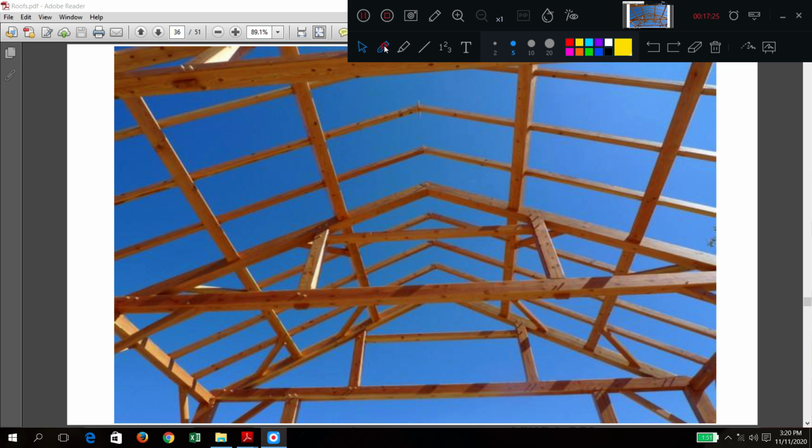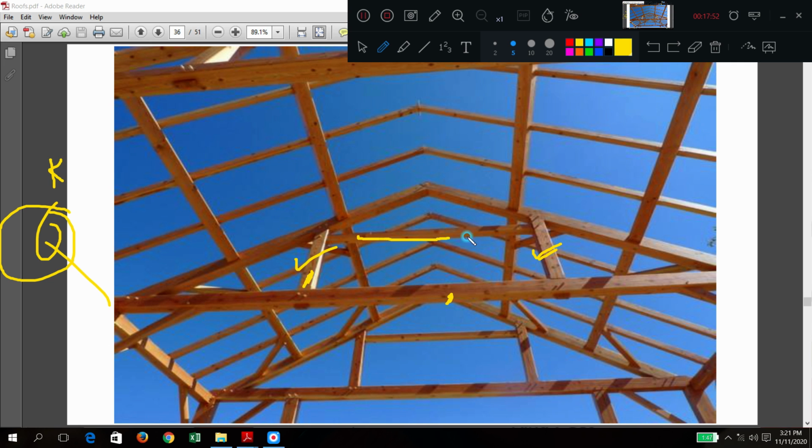Yes, this is a typical real picture at the site. What type of truss is this? King or queen? Which one? How many vertical posts are there at the truss portion? 1 and 2, and they are not at the center. That means it is a queen post. If only one is there like this, then it is a king post. This is a tie beam, queen post.